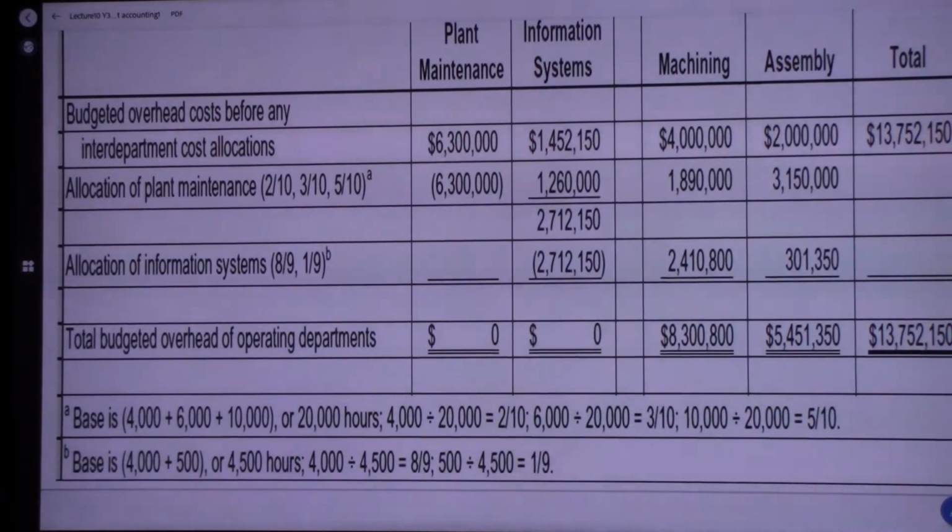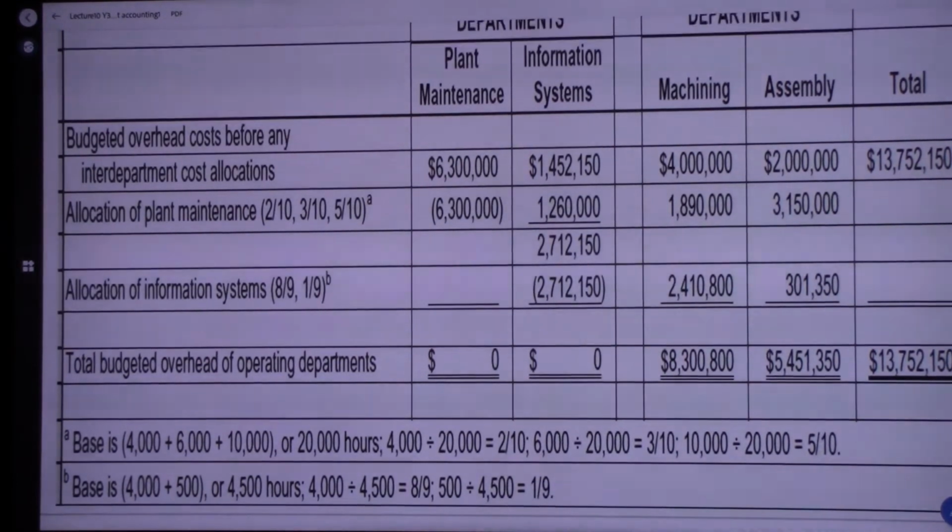Again, we allocate in a sequential way, stepping down, meaning that plant maintenance department cost was allocated on 3 departments. Then we have a zero balance, and the next step-down department is the information system. Its cost is going to be allocated on the 2 remaining departments. How is the $2,712,000 going to be allocated?